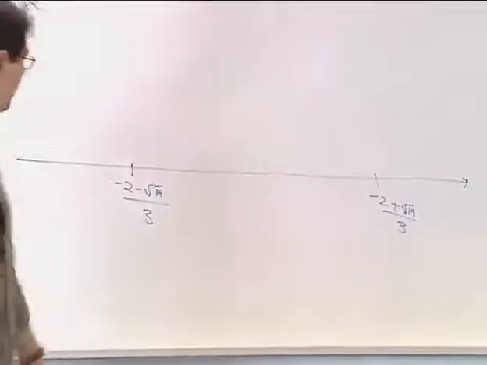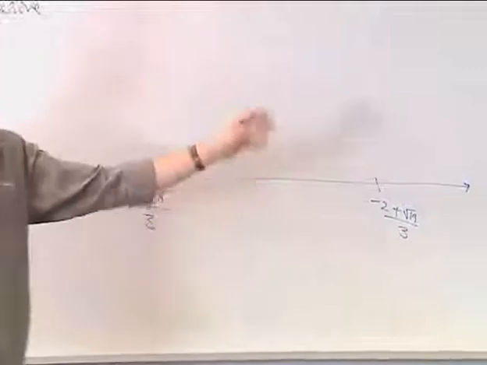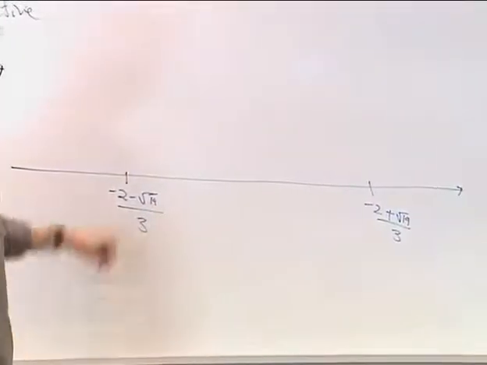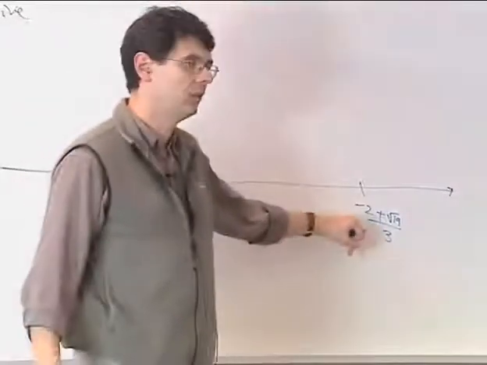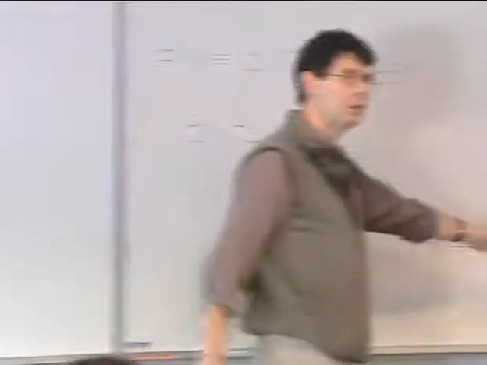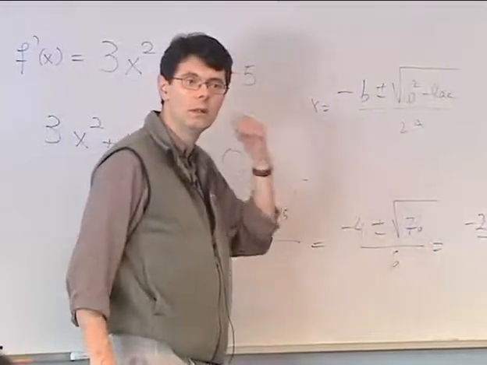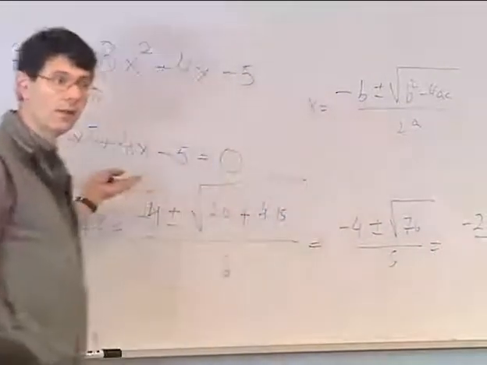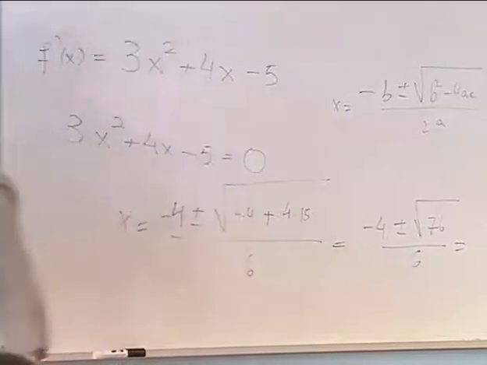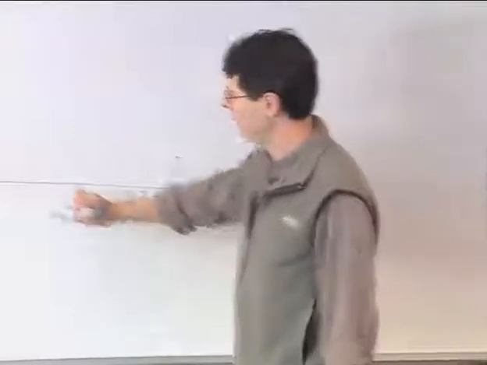Okay. Somewhere in between is 0. For these two values of x, the derivative is equal to 0. That's how I found these guys. So I know the derivative is 0 here and 0 here.